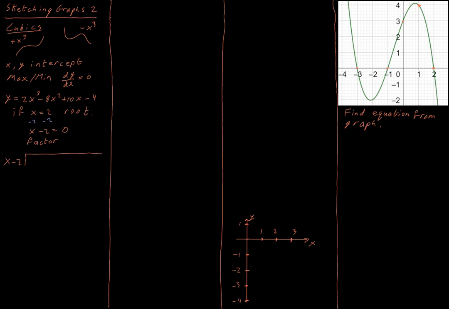When we divide our linear factor into our cubic here, we'll end up with a quadratic factor up here that we can then factorize and solve to find the other roots. Set this quadratic factor equal to 0, and that is going to give us our other roots.